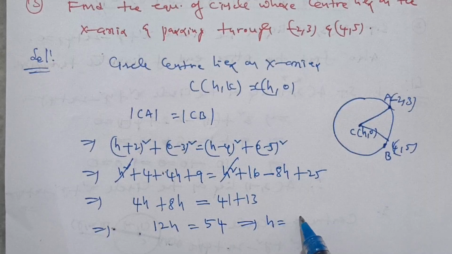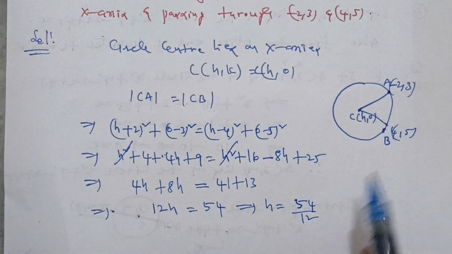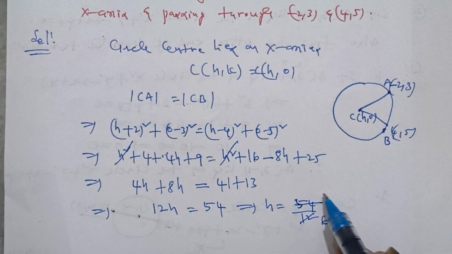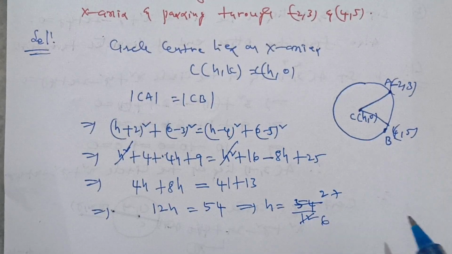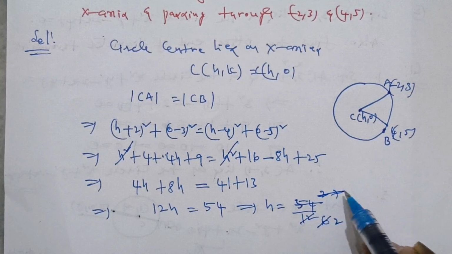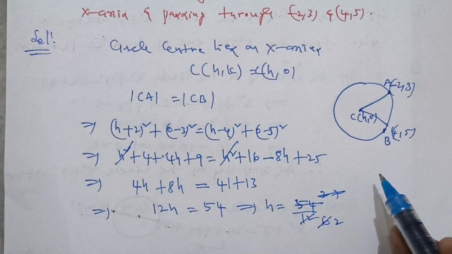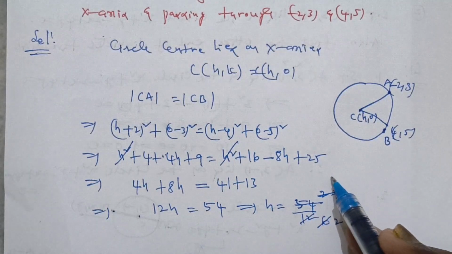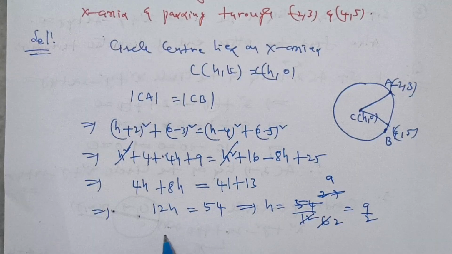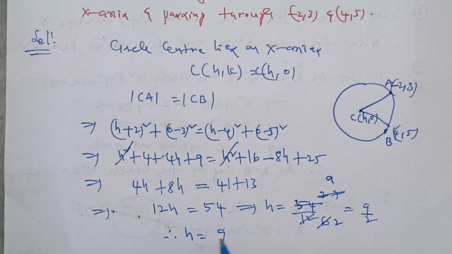So h is equal to 54 by 12. 2 sixes are 12, 2 twos, 2 sevens... 3 twos, 3 nines, that is 9 by 2.